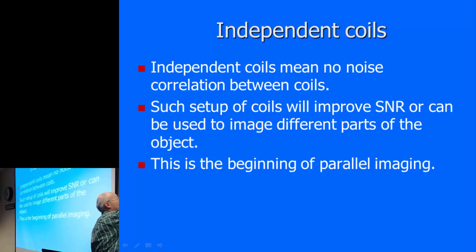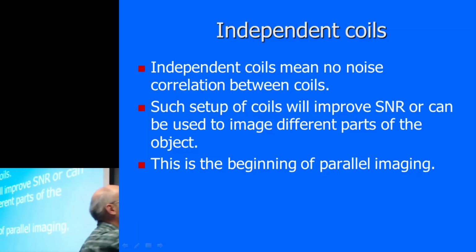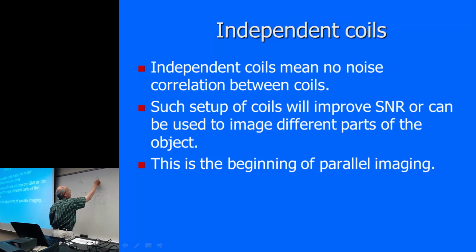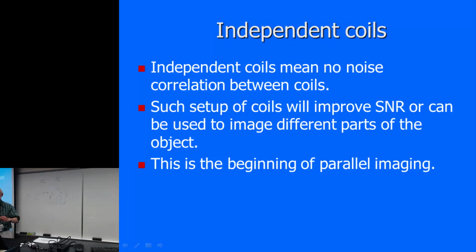So coil A gives me some noise or uncertainty sigma A, and then the other coil, coil B, also gives me some uncertainty sigma B. Now let me add up these two images, just like adding two numbers. Then by how much does my noise go up, if these two coils are independent, meaning there is no crosstalk, no mutual inductance?